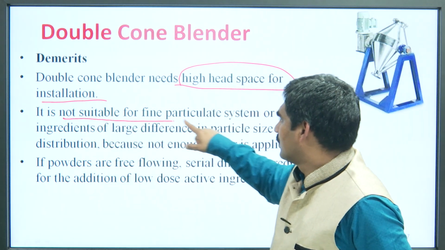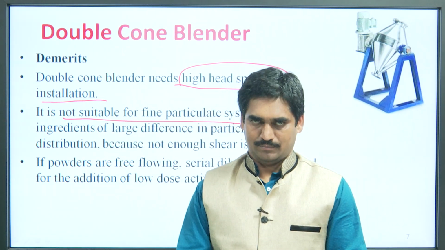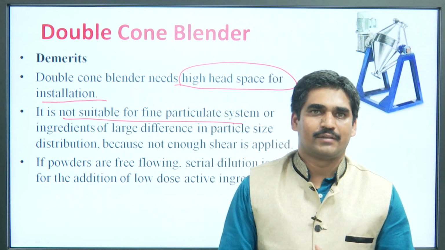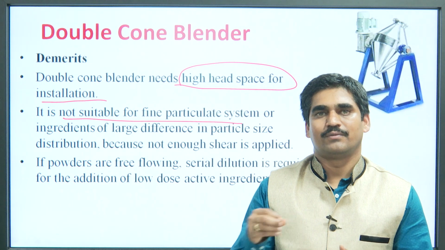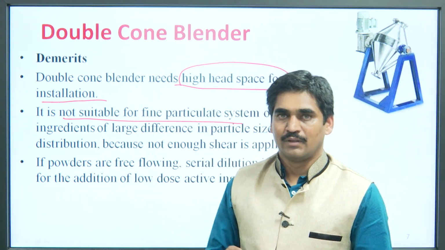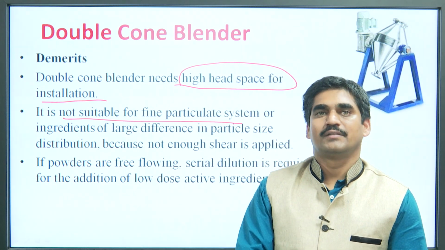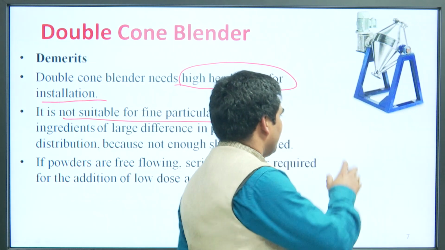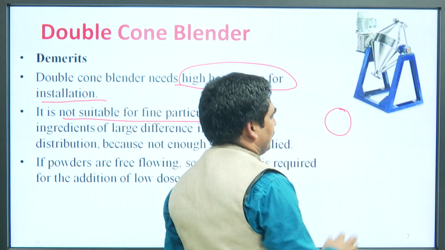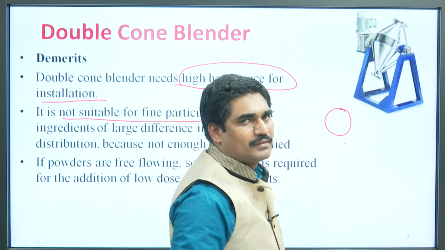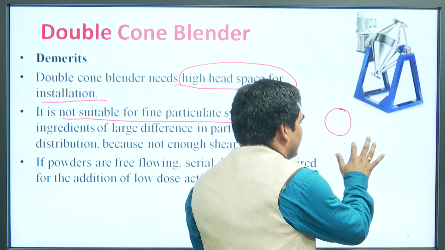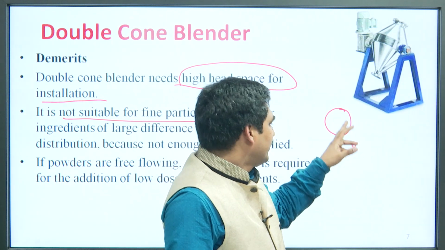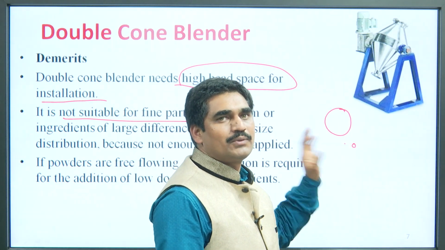Not suitable for fine particulate systems. This blender is particularly not suitable for fines, or if the ingredients have a very large size difference in particle size. Suppose one ingredient is of this size and another ingredient of this size or this size, so there is a lot of difference between the sizes of the particles.